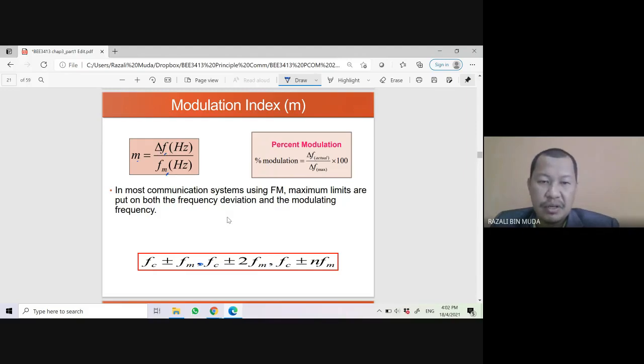This equation represents the sidebands of the FM signal. We will discuss later about this. Fc plus Fm, the first sideband. Fc plus 2Fm, the second sideband. Fc plus nFm is the nth sideband.